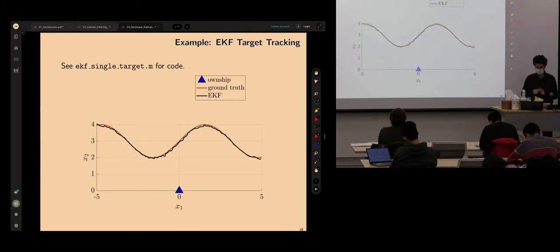So we're using range and bearing. The filter can actually track a 2D Cartesian coordinates of this target. This is a more realistic problem for tracking a single target. So look at the example code in MATLAB or Python. Let me know if you have any questions on Piazza.